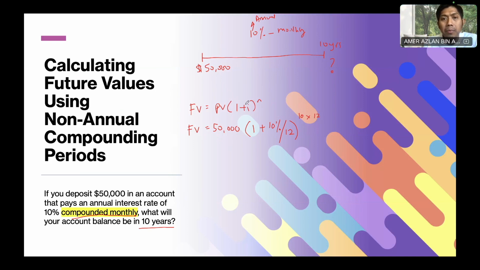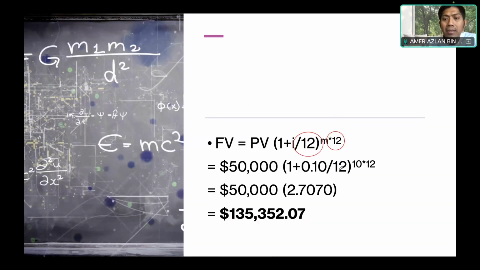So by doing this, if you calculate further, you would get a return of around 135,352.07.